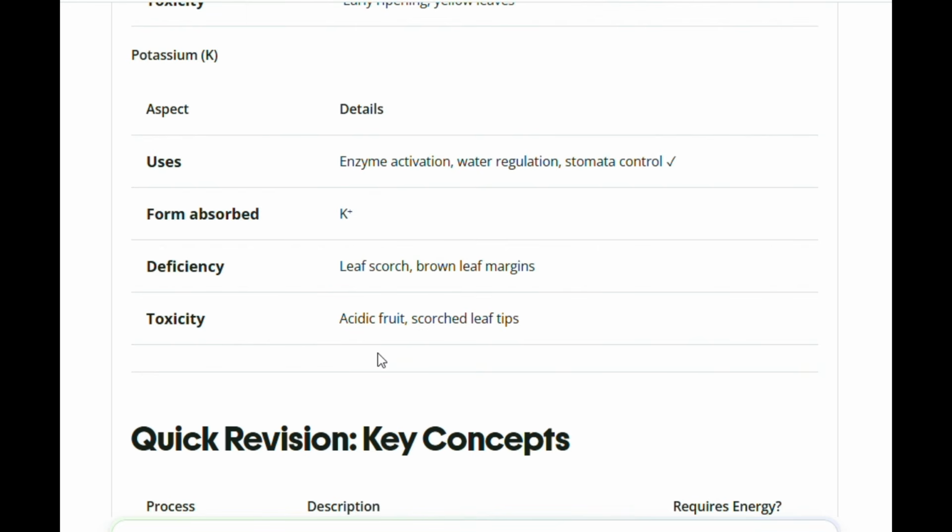So it uses catalysis reaction for enzyme activation, protein synthesis, starch synthesis, and translocation, control of stomata. Hence, it is for water regulation, stomata control and enzyme activation, right?